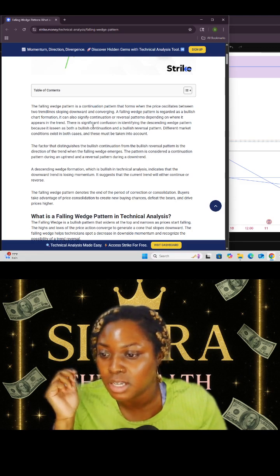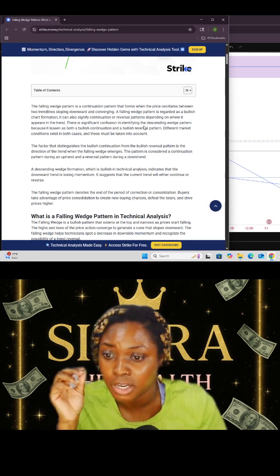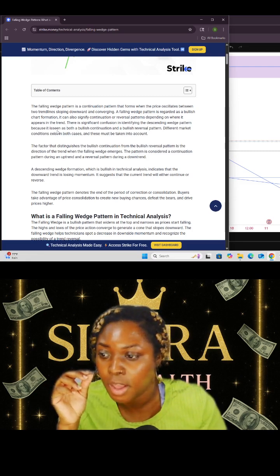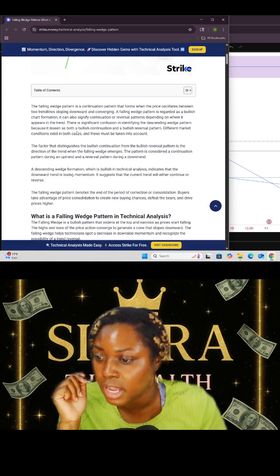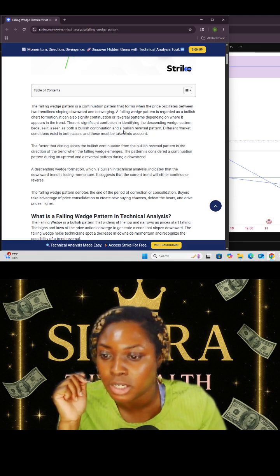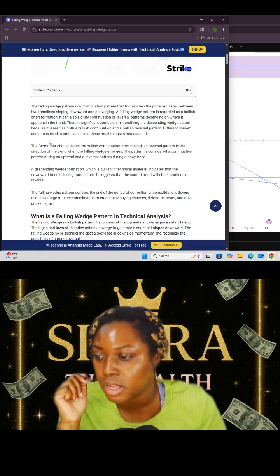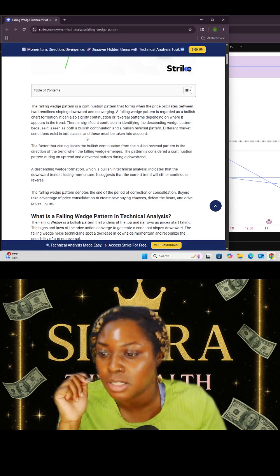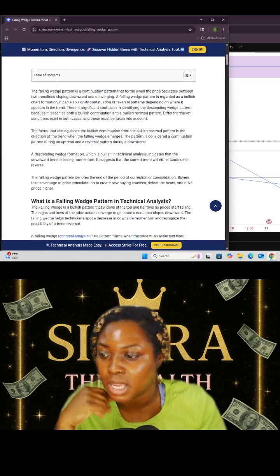There is significant confusion in identifying the descending wedge pattern because it is seen as both a bullish continuation and a bullish reversal pattern. Different market conditions exist in both cases, and these must be taken into account.